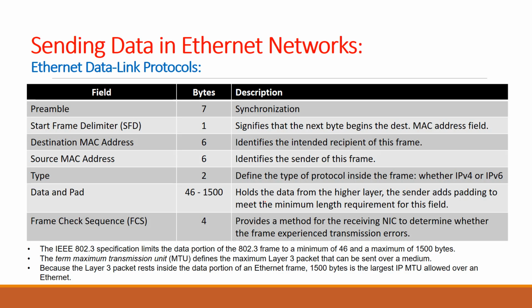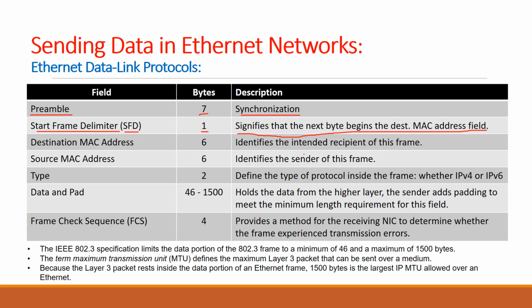So let's give a description of each field of this frame. The preamble is used for synchronization, and it has 7 bytes. The start frame delimiter, or SFD, is a 1 byte field, and it signifies that the next byte begins the destination MAC address field.